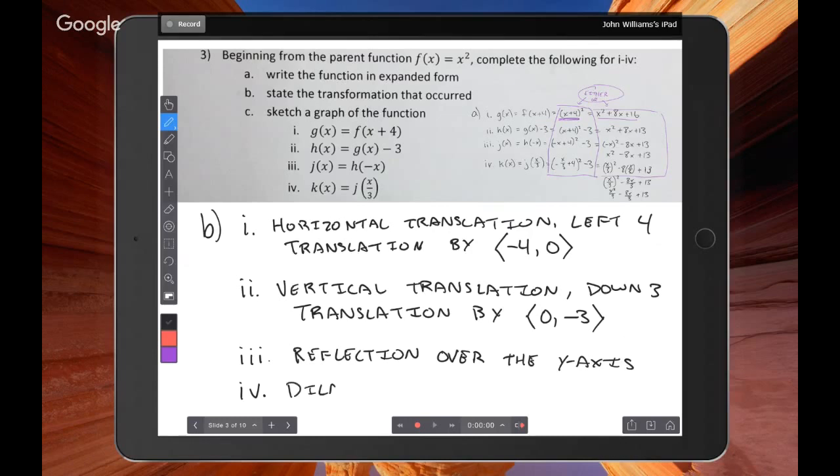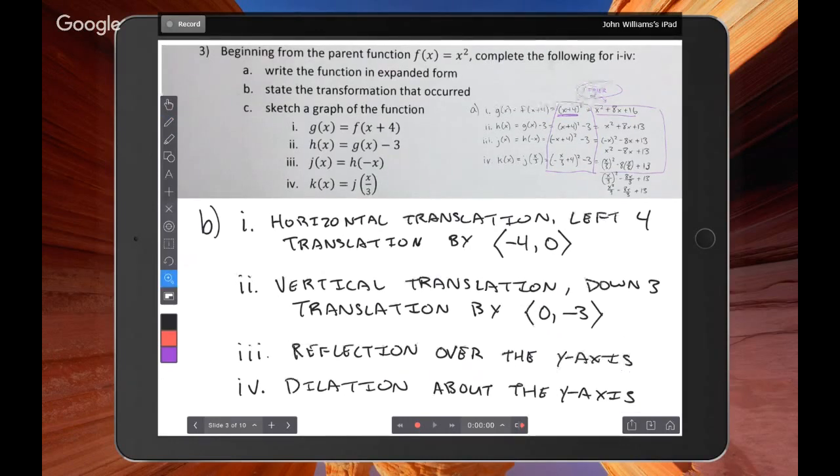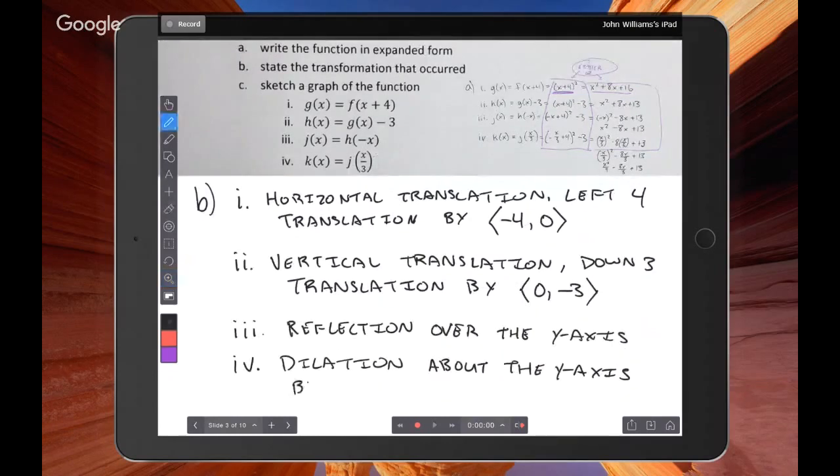dilation about the y-axis by a factor of 3.